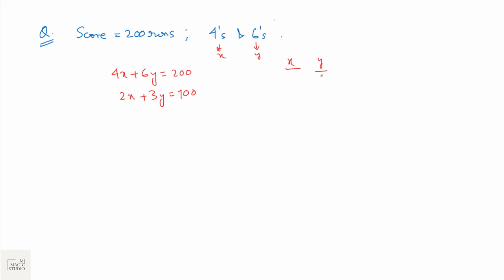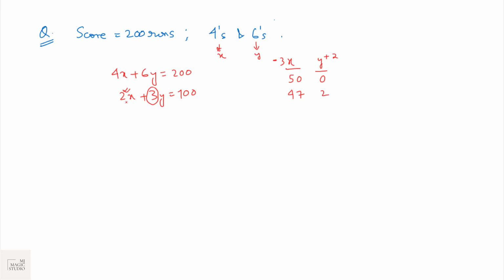Perfect. Let's start by putting y equals 0, then x would be 50. Now using the slope switching concept, I'll keep decreasing the value of x by 3 and increasing the value of y by 2, and we will see where we land. So next is 47, 2.